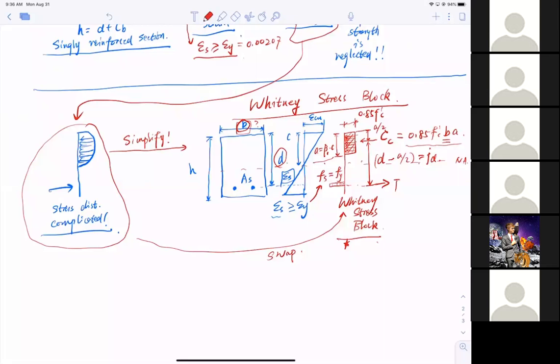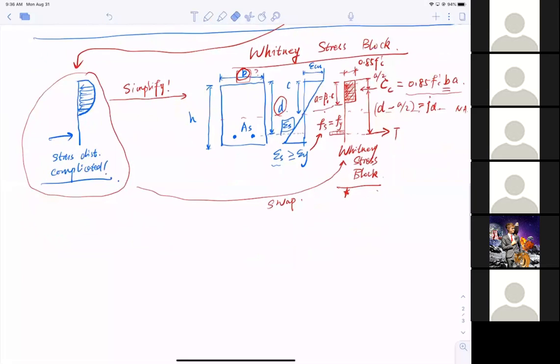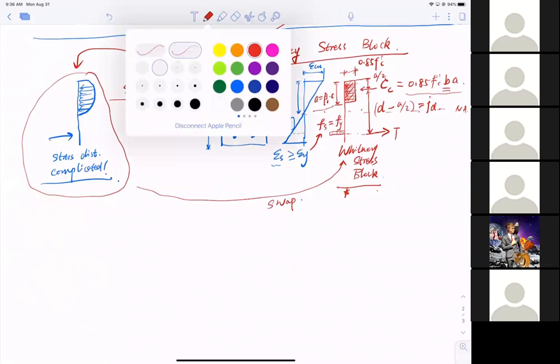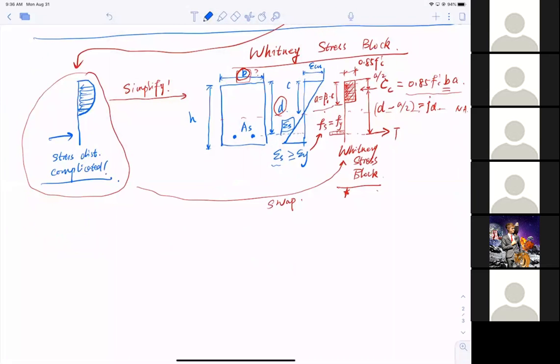And that's the tension force. So let me write it out, okay? So the Whitney stress block gives us a very, very huge advantage. The total compression of the Whitney stress block is 0.85 F prime C B A, or beta 1 C. Okay, I want to write this out.